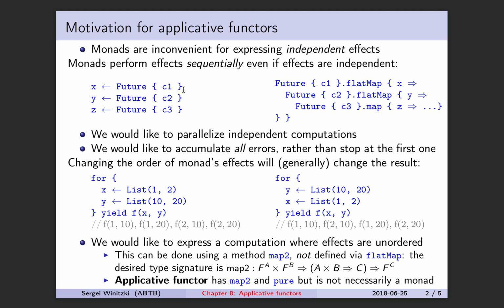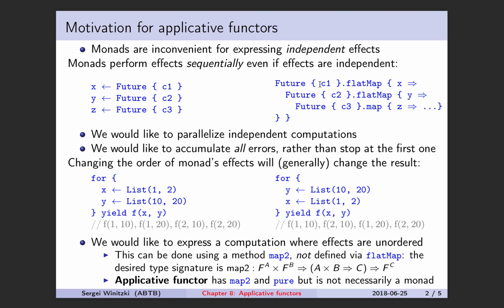There's no separate method to start computing them, which is actually a design flaw. And we would like to express more carefully that certain computations can be done in parallel because they're independent, whereas other computations really have to wait one for another.